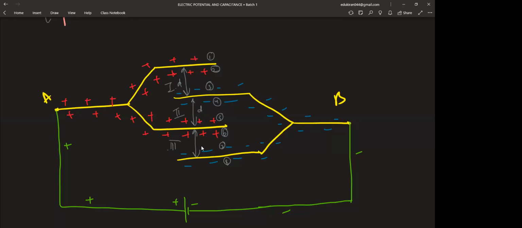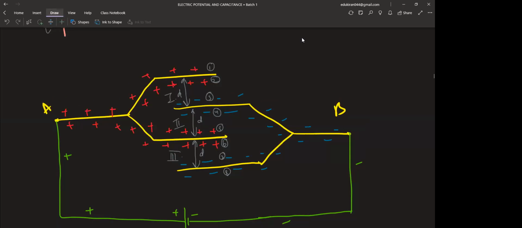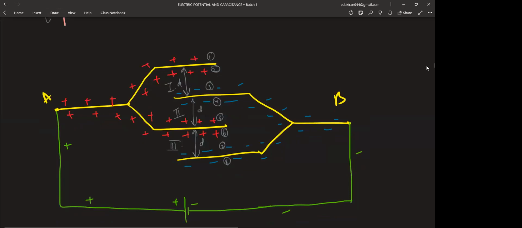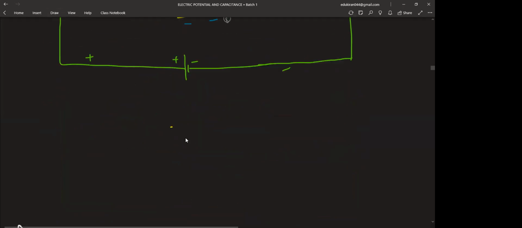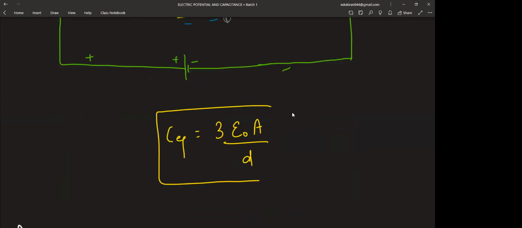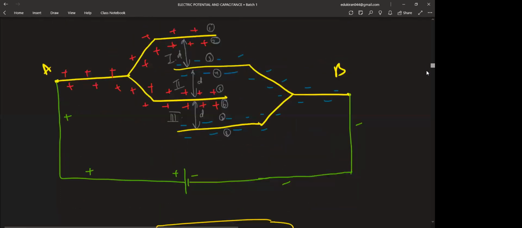So three capacitors are formed in total. So our C equivalent will be directly 3 times epsilon naught A by T, because for one capacitor it is epsilon naught A by T. This is the method to solve this.